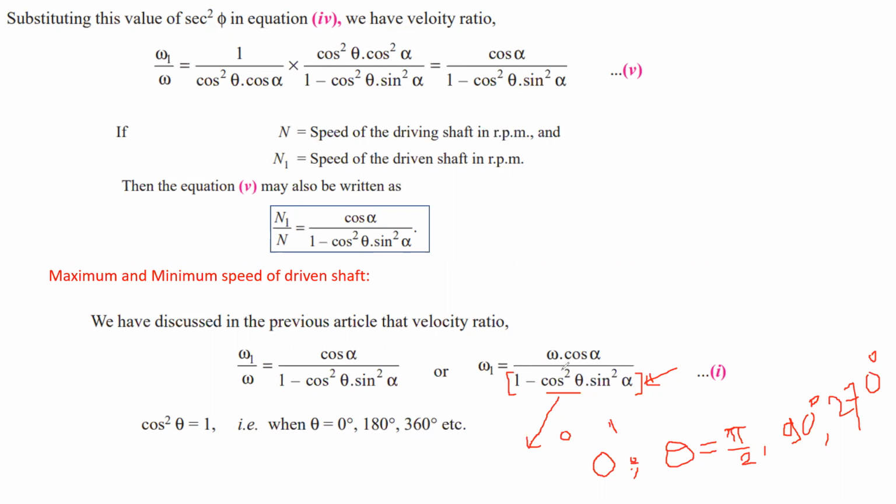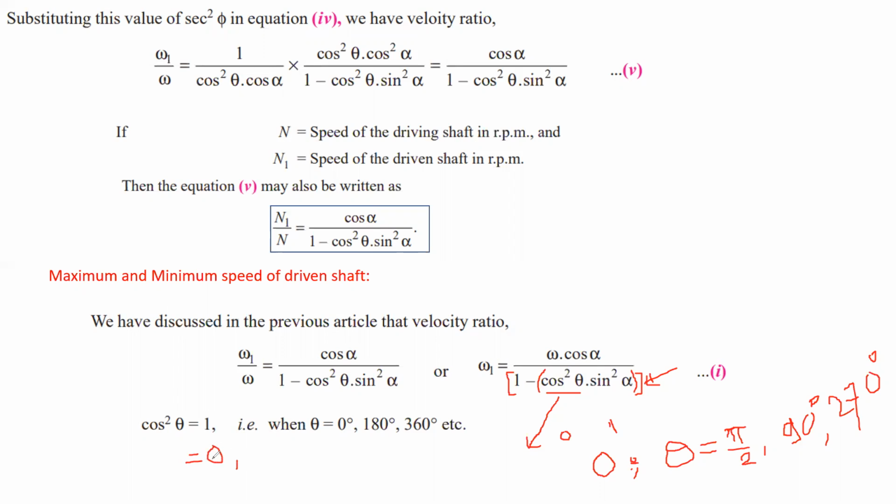ओके. एंड ये जो फैक्टर है कॉस स्क्वायर थीटा इंटू साइन स्क्वायर अल्फा, इसका वैल्यू डिपेंड करता है कॉस स्क्वायर थीटा पे, क्योंकि अल्फा कांस्टेंट है तो साइन स्क्वायर अल्फा भी कांस्टेंट होगा. ओके. सो वी इक्वेटेड cos square theta as 0 to find out minimum. Okay.